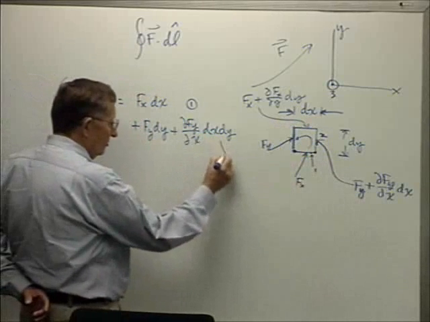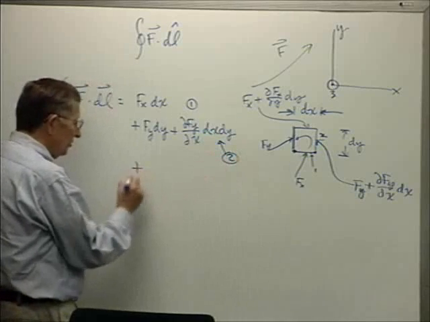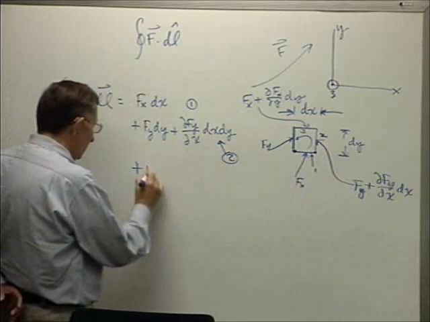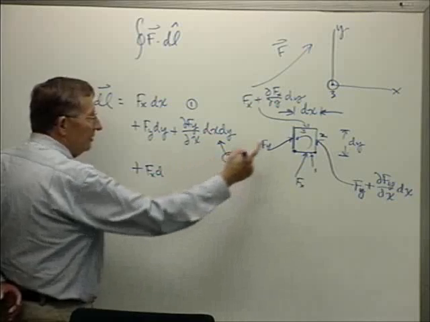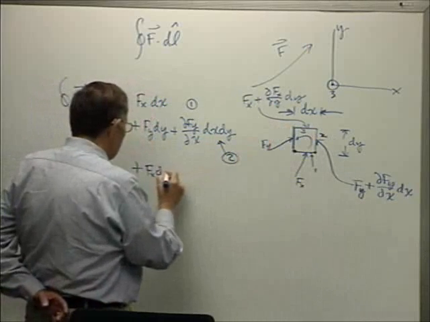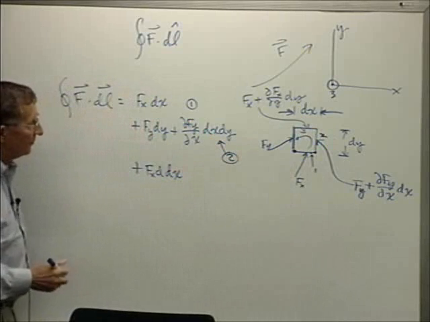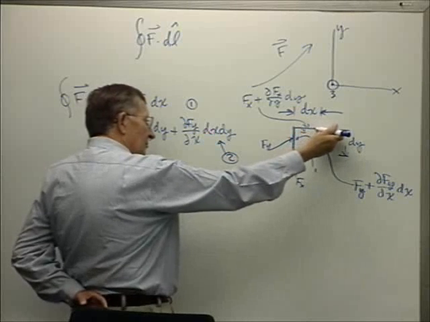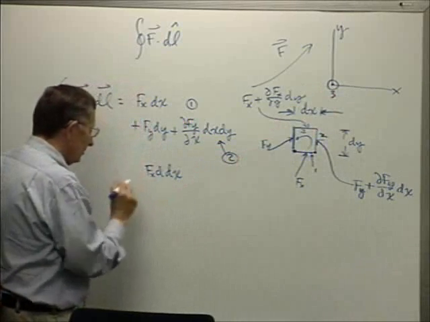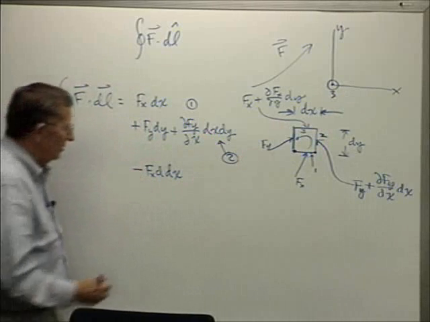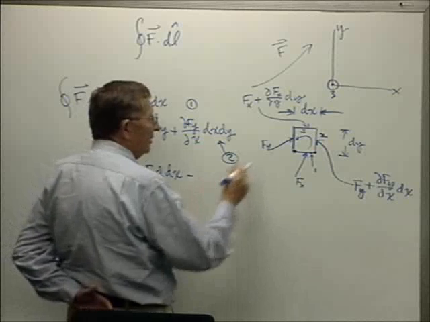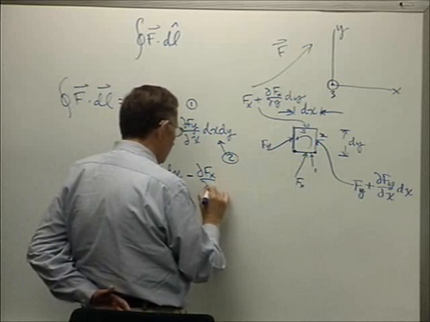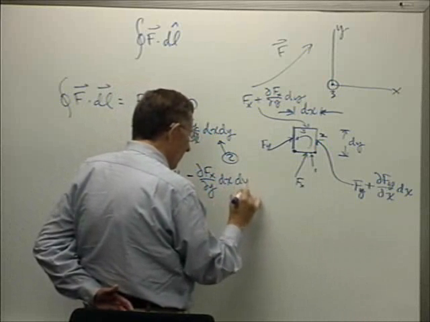So this is along side 2, and if I do side 3, which is the upper side, I've got Fx dx. However, the unit vector along that path is minus the x direction, so this is actually a minus sign. And I have also a minus on this term, which is the partial of Fx with respect to y, dx dy.